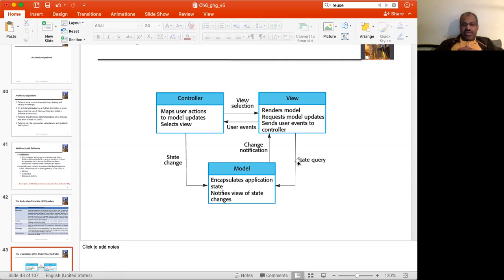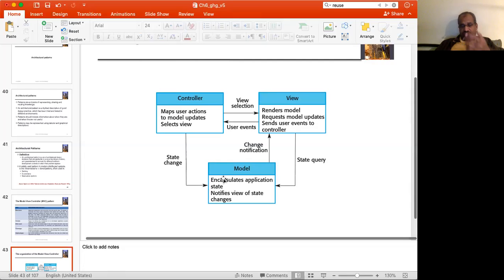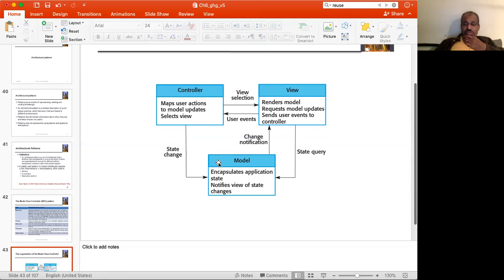So it's like a rendering of the model, of the data that's in there, to the user, and it sends the user events to the controller. So the view is like the interface, like maybe your web browser or your screens and menus that you use to manage operations in the software system. So it relays these user events to the controller, and the controller executes these events, guided by the business logic and business rules, and what user actions are permissible or not.